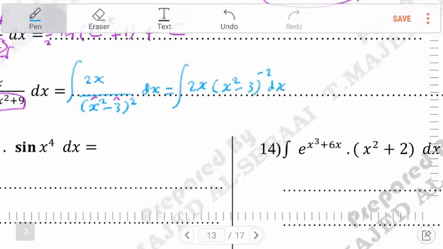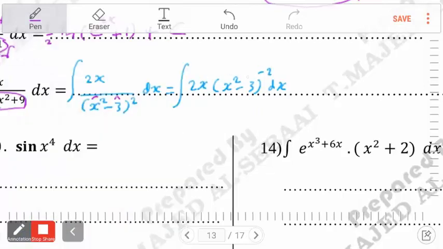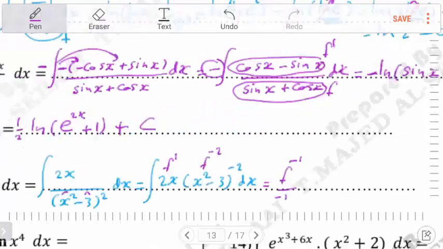Now, what do we have? We have f to the power of negative 2 and f dash. What is the answer of that? It is f to the power of minus 1 over minus 1, right? According to the second rule.